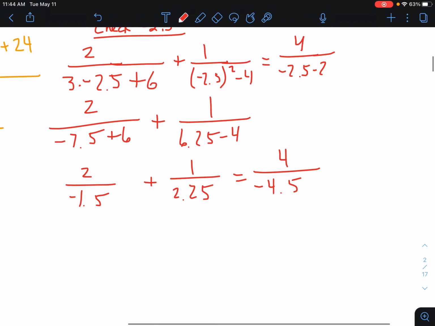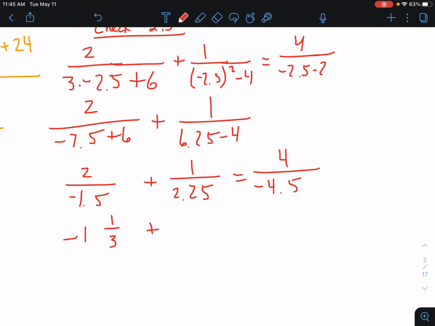Okay, so now definitely want to use a calculator here. So we're going to do 2 divided by -1.5. So that'll be negative, we'll call it -1.3. It was -1.3 repeating. And then the second one is 1 divided by 2.25.